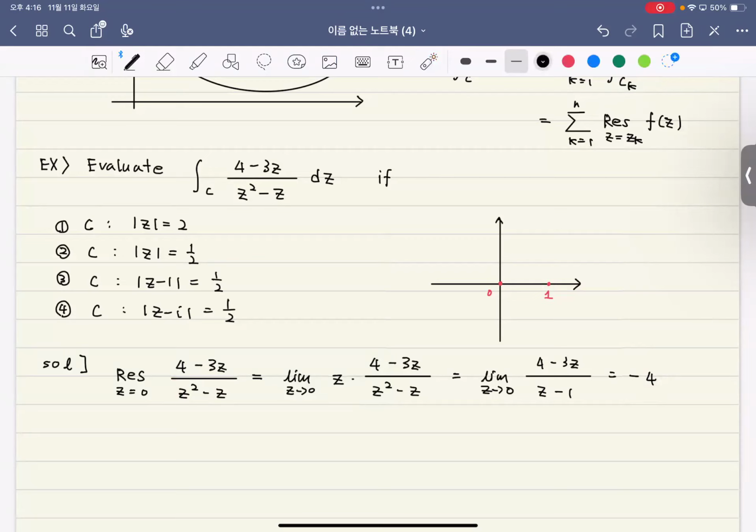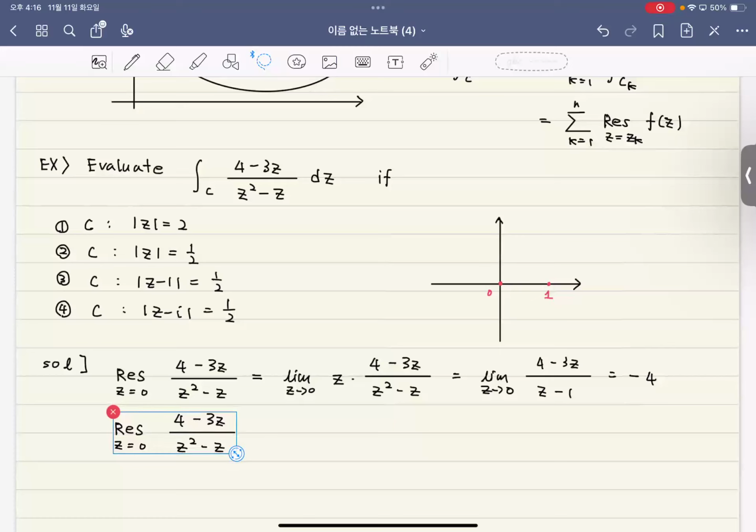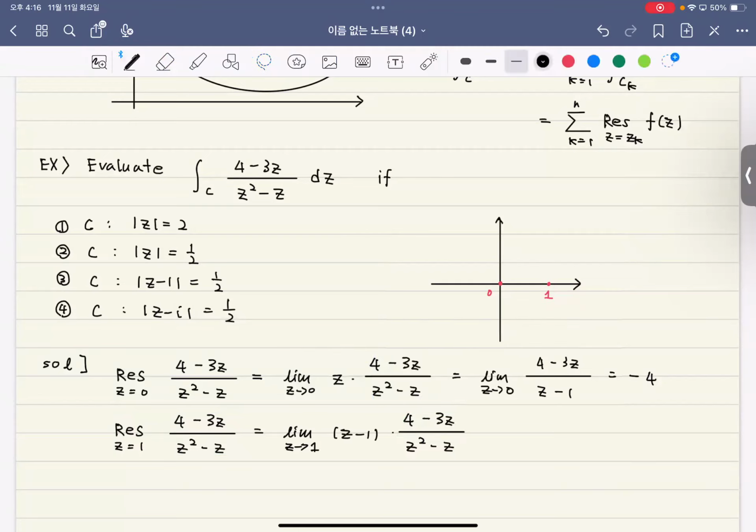And in other words, when z equals 1, we take z − 1 times the function. This is just a level of high school algebra, so I will not be spending too much time here. So this is 1.